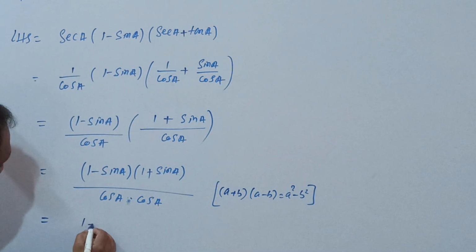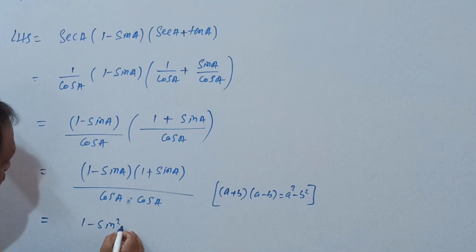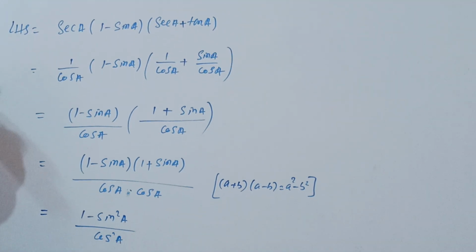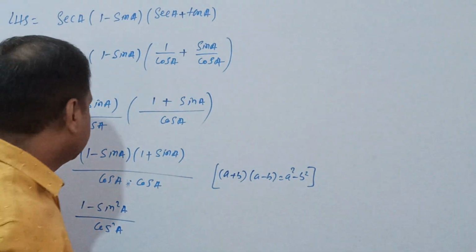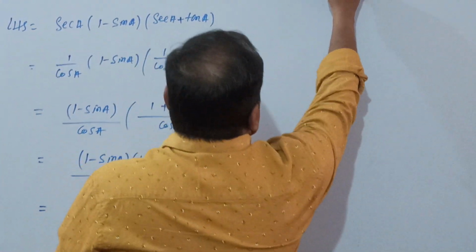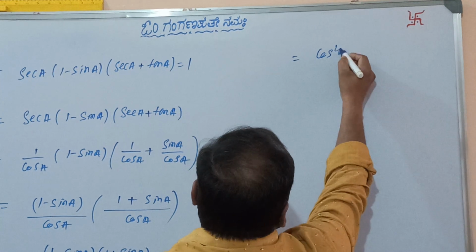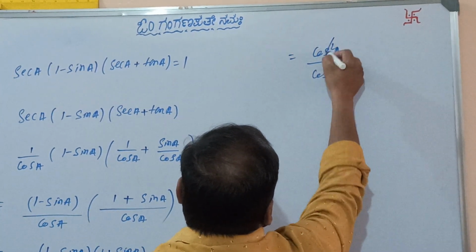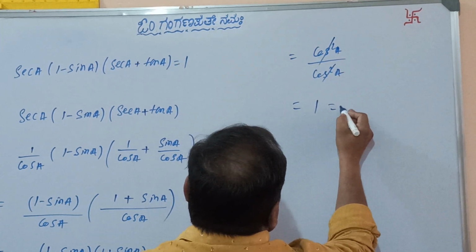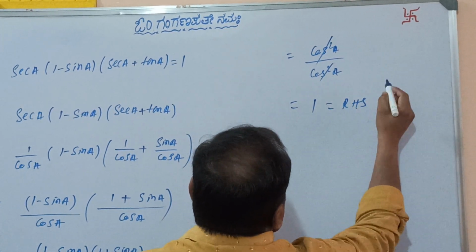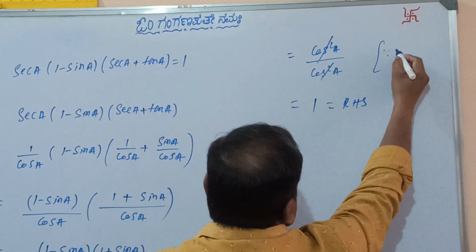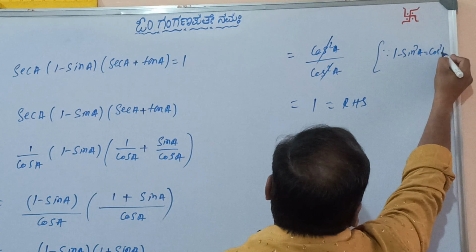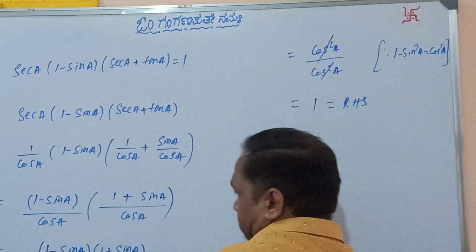That means 1 minus sin square A by cos square A. 1 minus sin square A we can write as cos square A, by cos square A. Cos square cancels, giving 1, the RHS, hence proved. Here 1 minus sin square A is equal to cos square A identity.